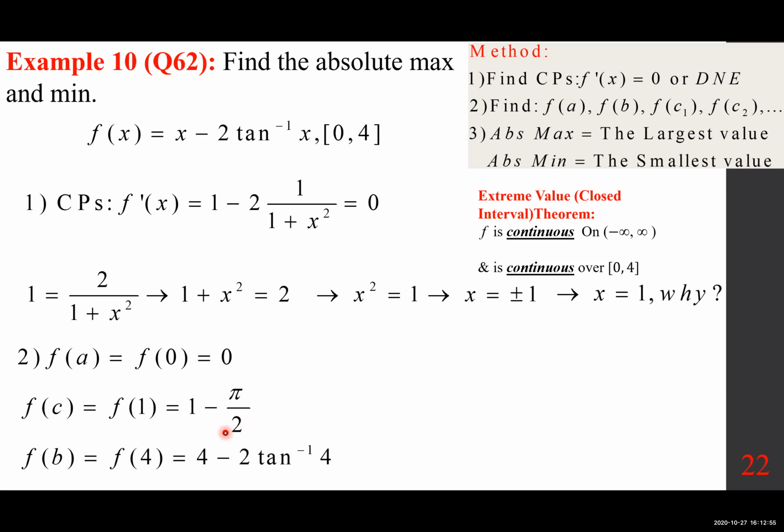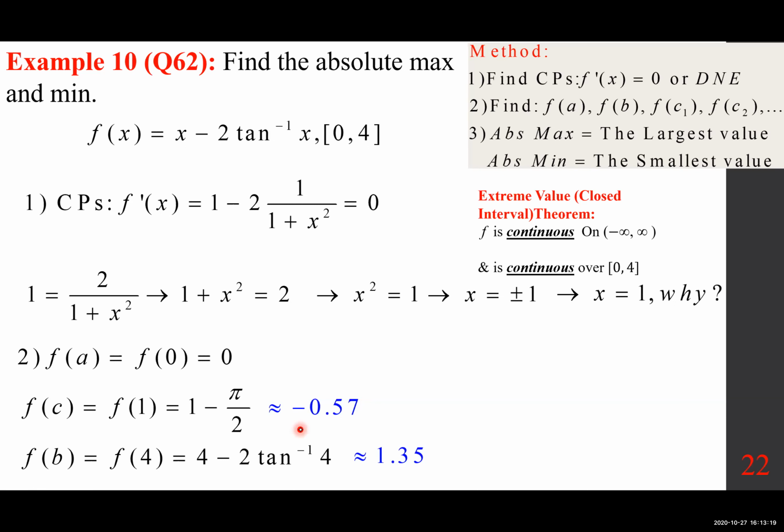And this one, I don't know the answer, I have to use a calculator. So in both cases, when you use a calculator, this becomes about negative 0.57. That's straightforward. And the last one becomes positive 1.35. Therefore, the largest would be this, the smallest would be this.